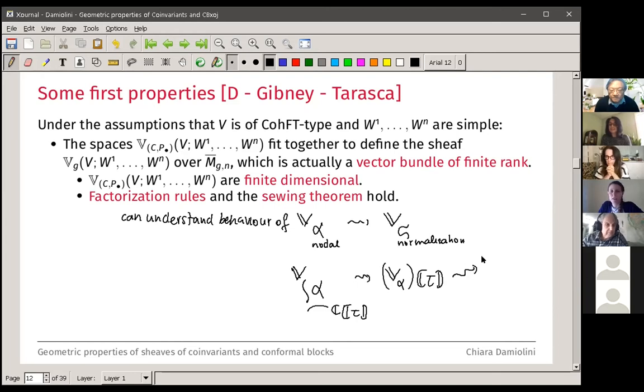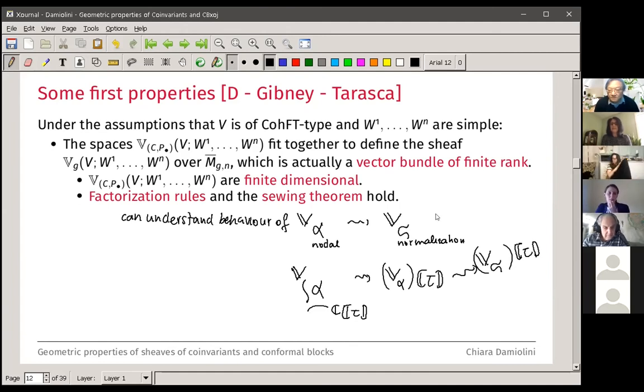And then again, I can relate it to V of the normalization tau. So the Sewing theorem essentially gives us more like a family version of the factorization rules. And we have proven it with algebraic methods.